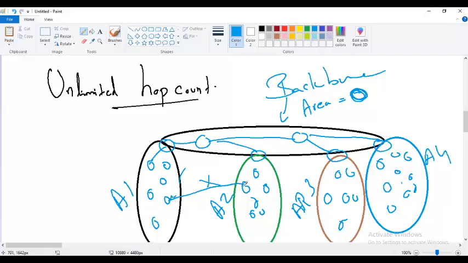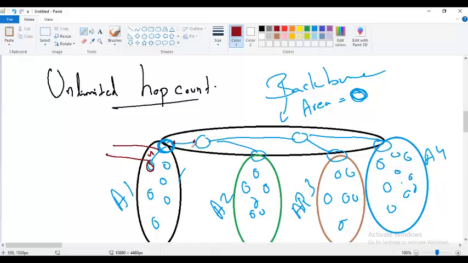So it is only through area 0 the updates go. You see, this router is in the border. This port belongs to area 1. In this router, this port belongs to area 1, so they form neighbor. And this port belongs to area 0. This port belongs to area 0, so they form neighbor. We call this type of router as area border router, ABR.